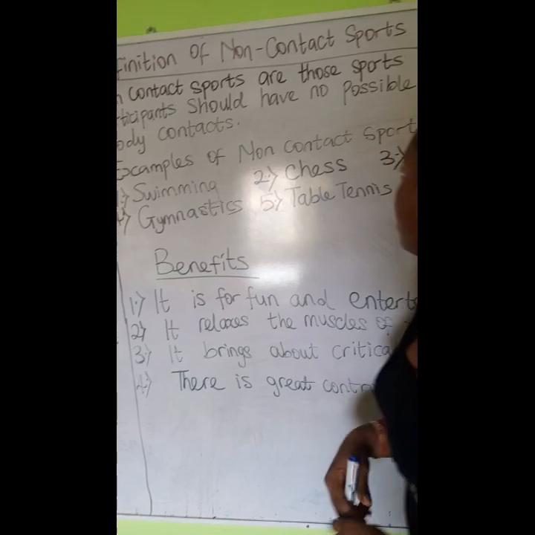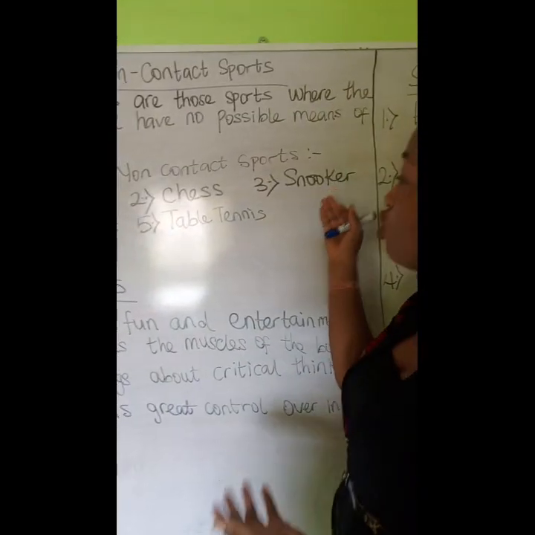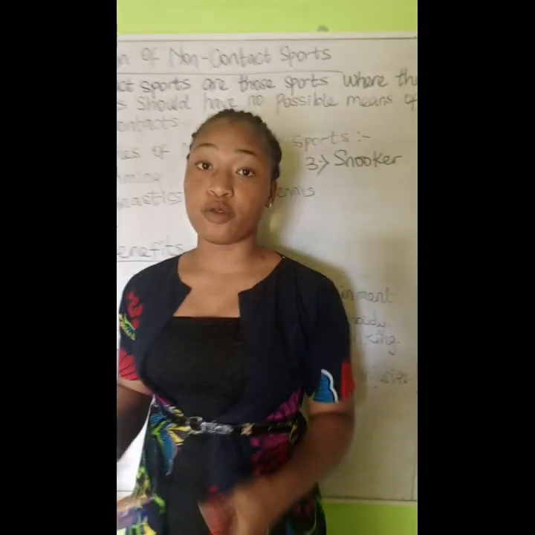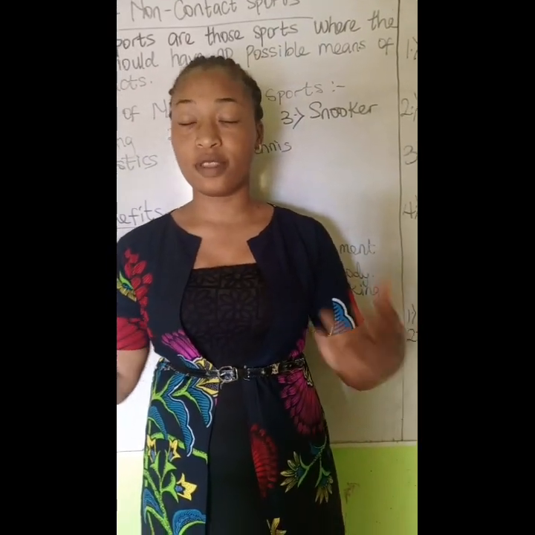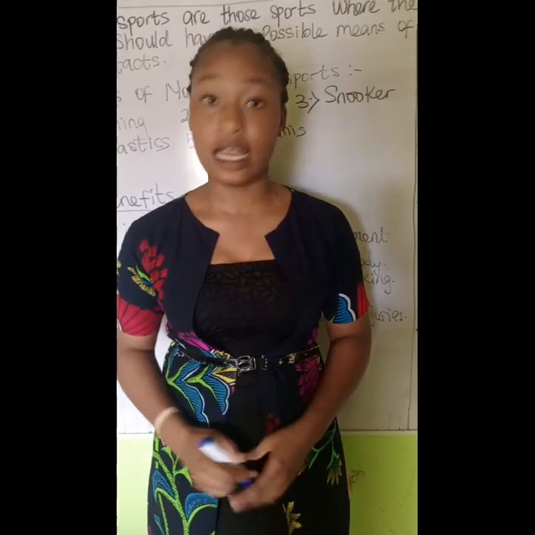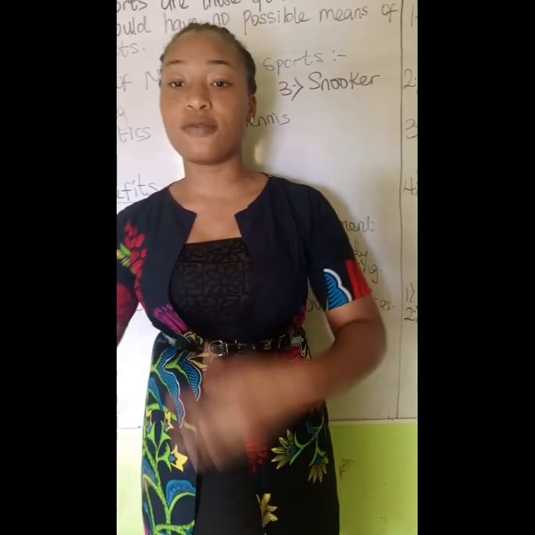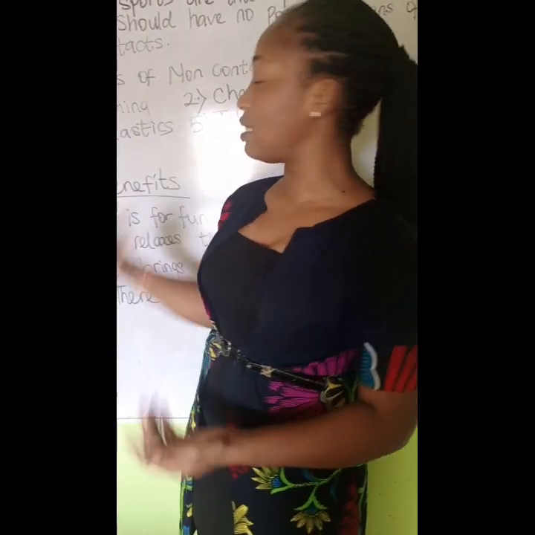Now let's look at the examples. The examples of non-contact sports, as I wrote, we have swimming, chess, snooker, gymnastics, and table tennis. Now these are examples of non-contact sports. And if you watch sports regularly and you watch most of these sports, you find out that they don't even have body contact with themselves. For example, gymnastics.